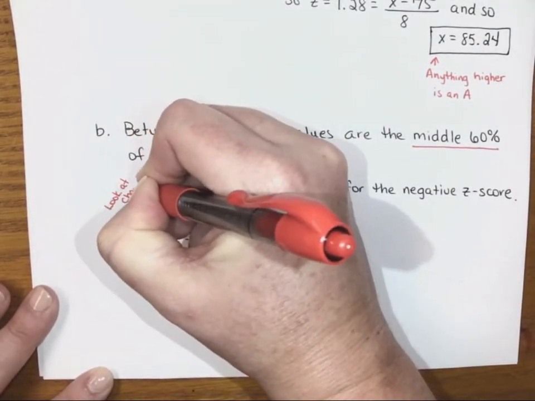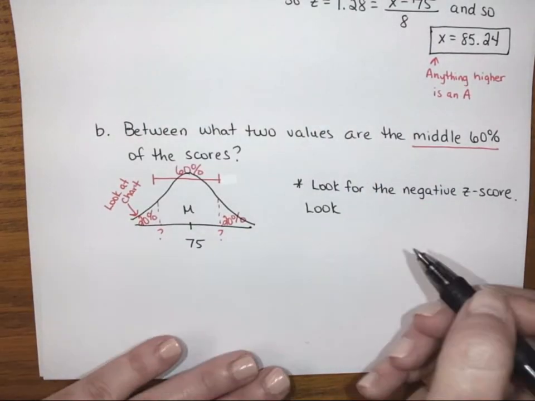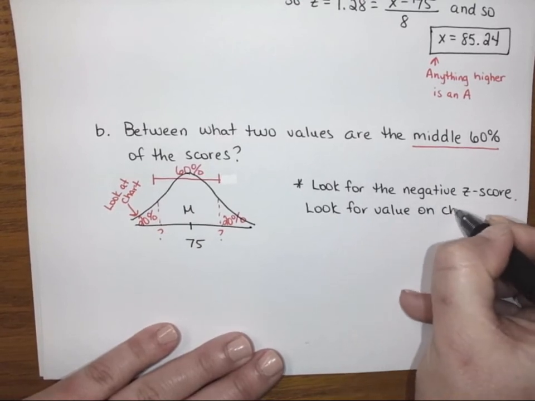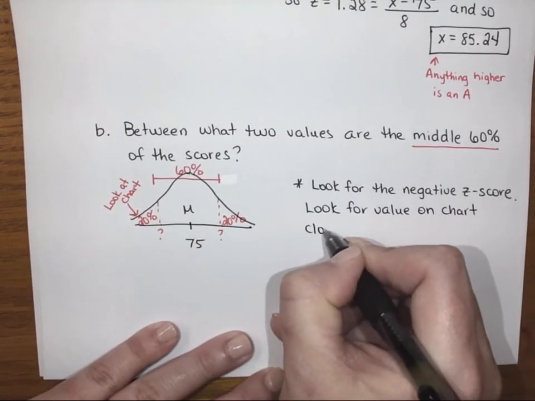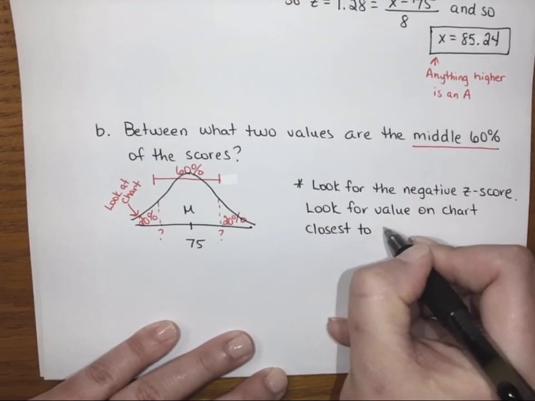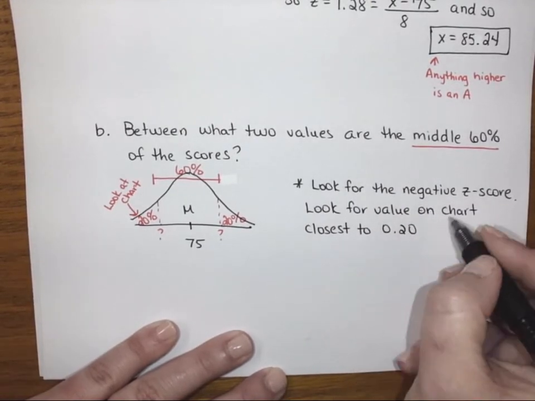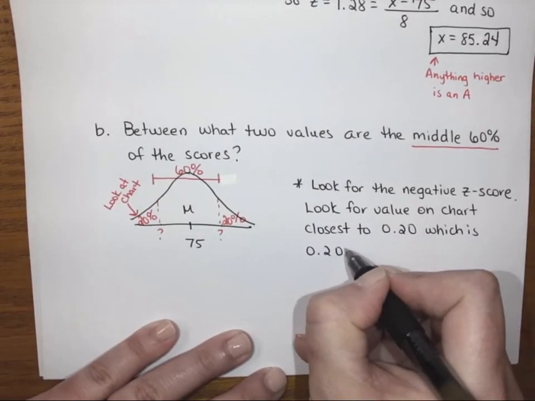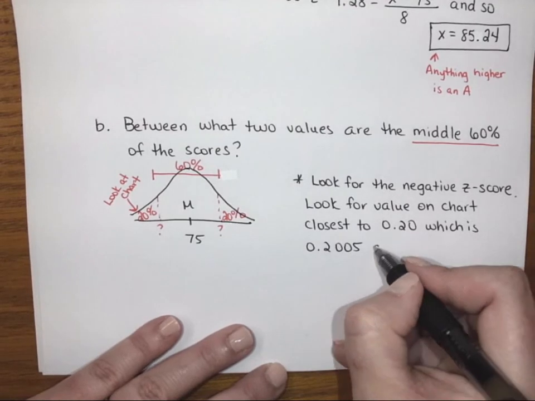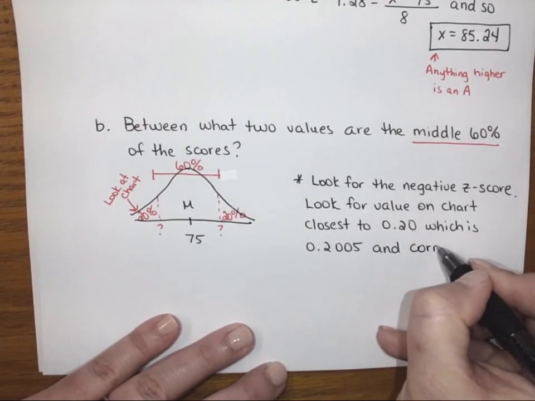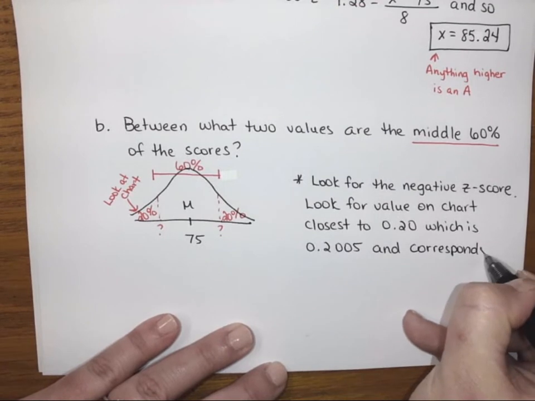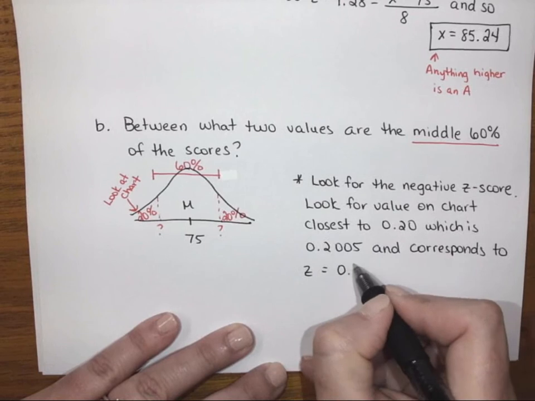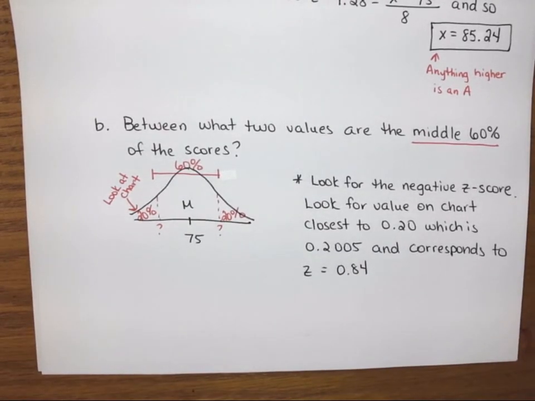So we actually need to look at the chart at 0.2 or 0.20. So you want to look for the value on the chart closest to 0.20. Which looks like there's one that's 0.2005, and that corresponds to z equals 0.84. Okay, so this is the z-score, right?